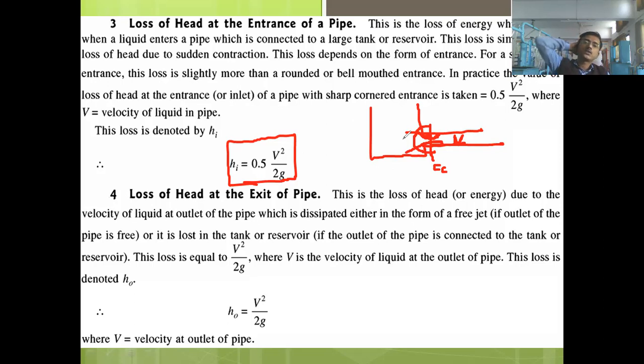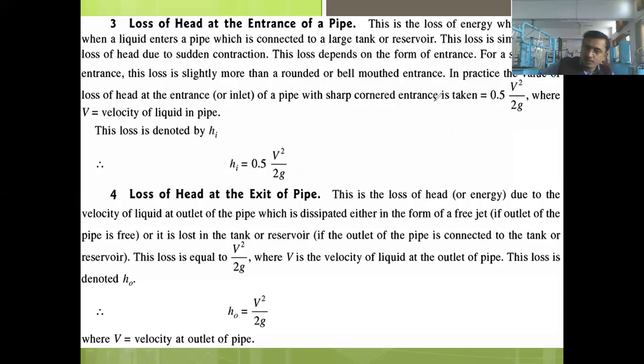Next, write down the title, loss of head at the exit of pipe. So what happens at the exit of pipe? At the exit of pipe, total velocity is lost.